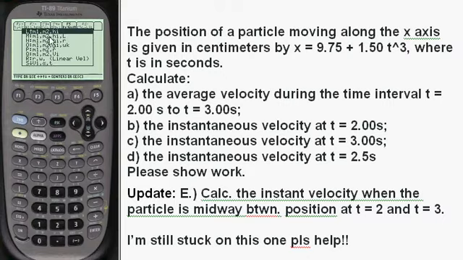Mass 1, mass 2, length or radius, constant of friction. So we're going to choose this one and press enter.